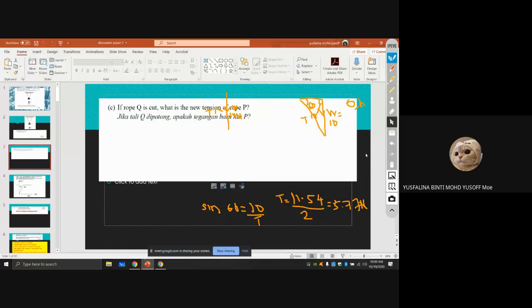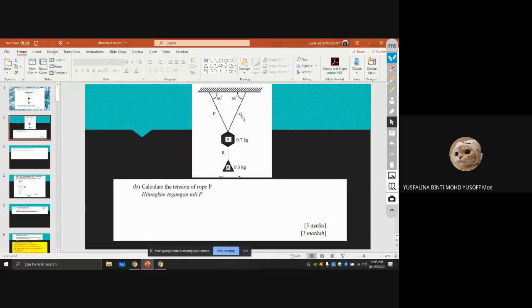If the rope Q is cut, what is the new tension of rope P? Let's say we cut the rope Q here.